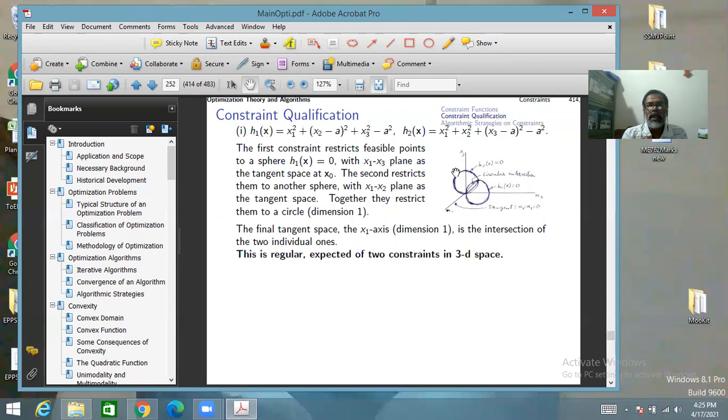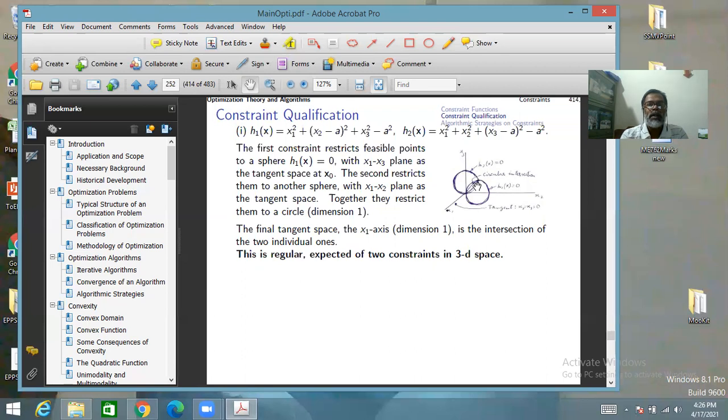Now their intersection in this case will be a circle, which will be of radius a by root 2, yes, looks like a by root 2, and its center would be somewhere here at 0, a by 2, a by 2.